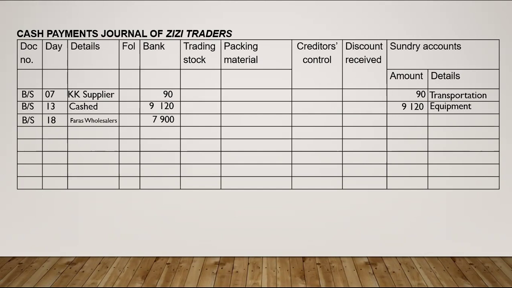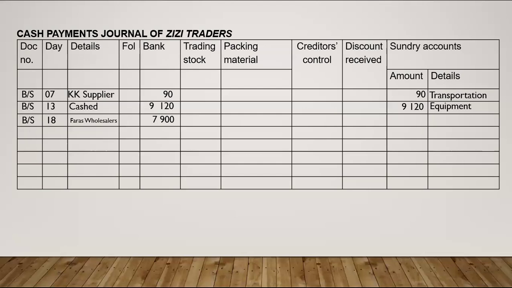Here it's the structure. It's a little bit different from the previous classwork because we don't have payments. Instead of payments, we have creditors control and discount received. When it's shown separately, like they have been shown separately here, normally you are used to having creditors control, and then under creditors control, you have a column for payments, and then you have a column for discount received.